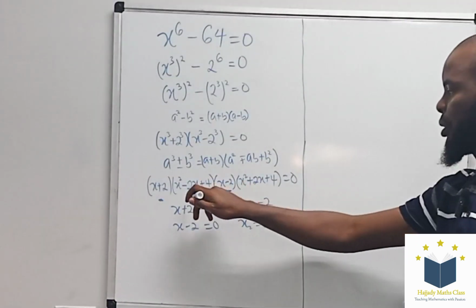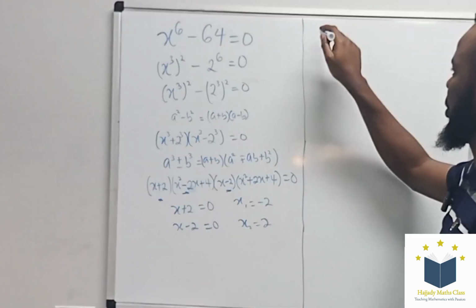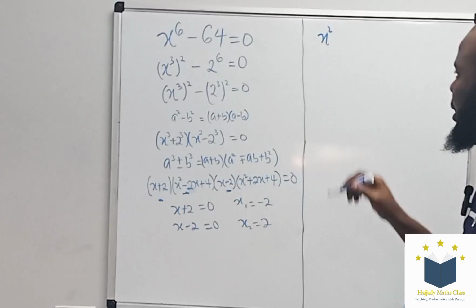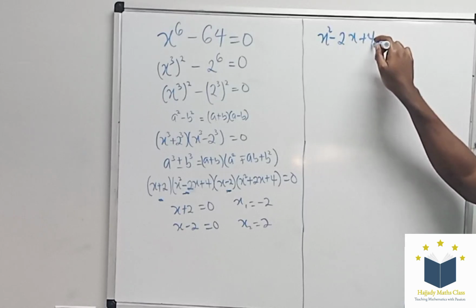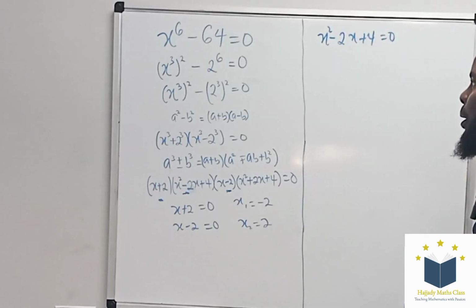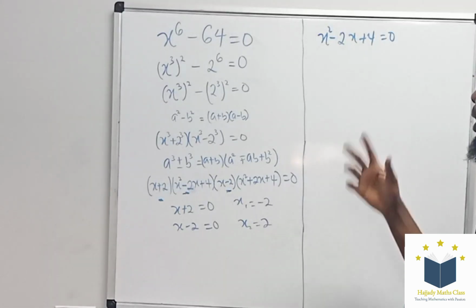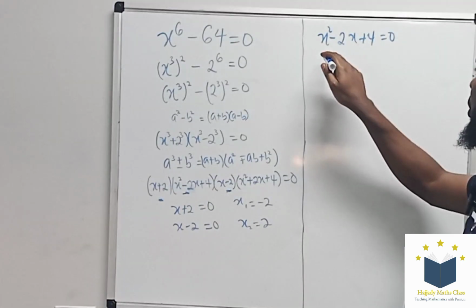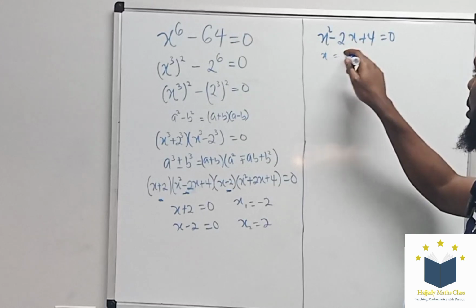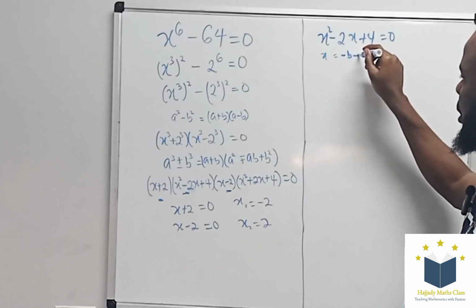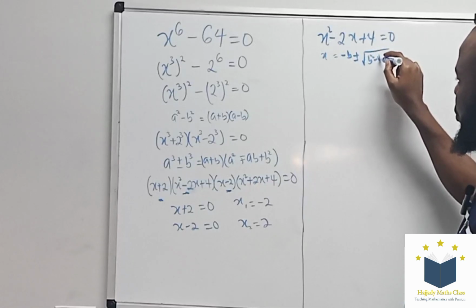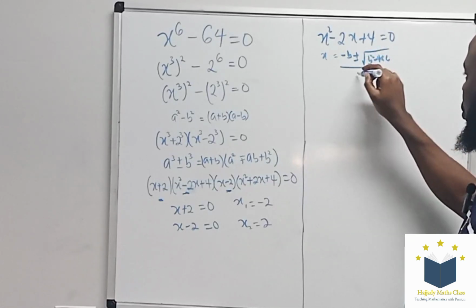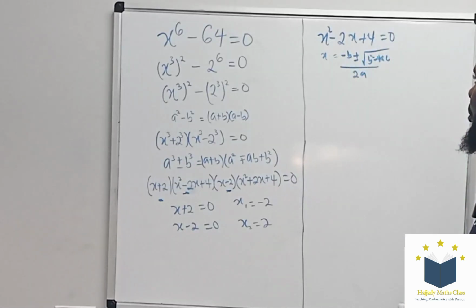So now, coming back to this, here I'm going to have x squared minus 2x plus 4 equals 0. This is a quadratic equation problem. Now, using the quadratic approach, which is the quadratic formula, x is negative b plus or minus root b squared minus 4ac over 2a.